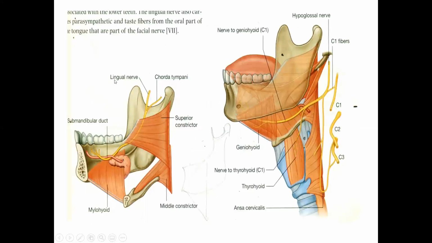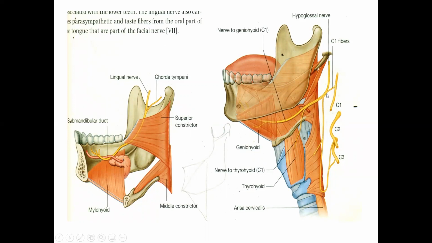Then we have the hypoglossal nerve. You can see here, this is the hypoglossal nerve. This hypoglossal nerve descends downward through the hypoglossal canal on the base of the skull. It descends in the neck, in the posterior triangle of the neck, and it joins the cervical plexus C1 nerve roots, and the C1 nerve roots travel along the hypoglossal nerve.